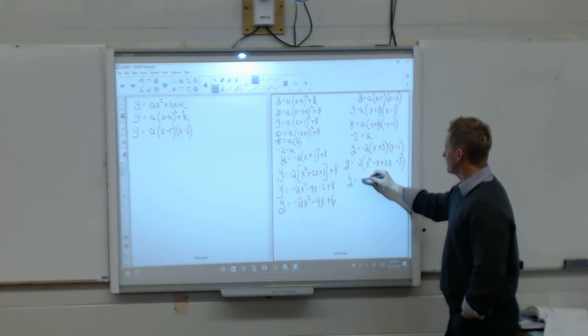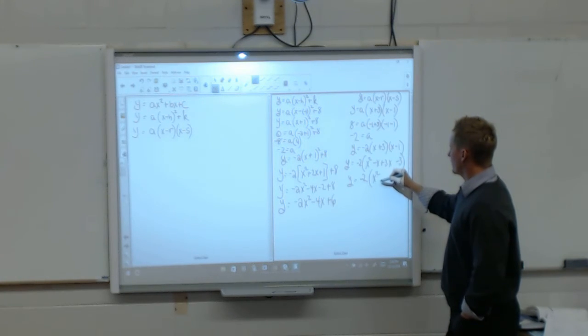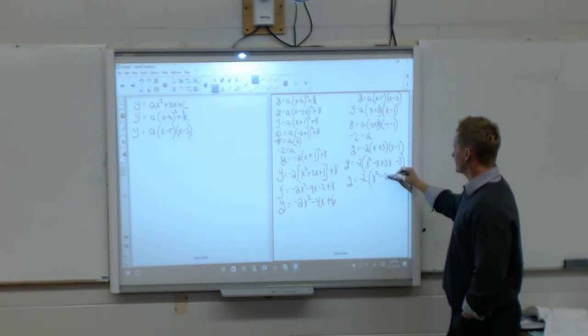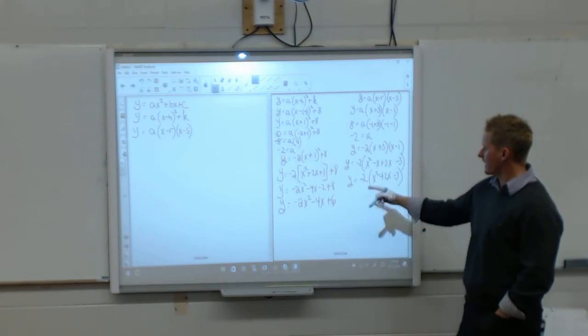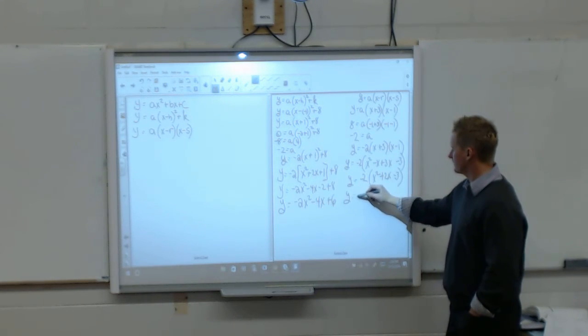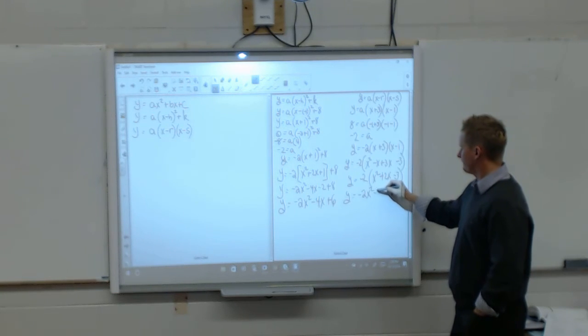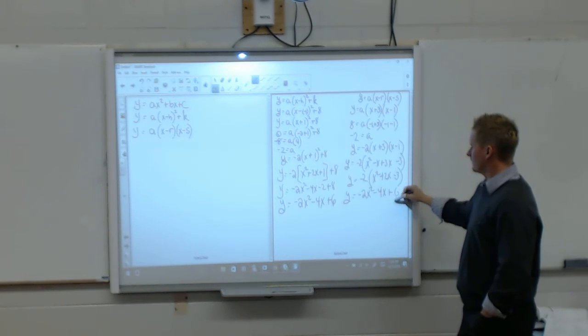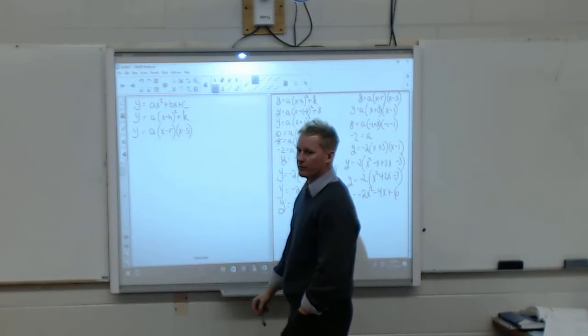I'm going to simplify this. x squared plus 2x minus 3, times my -2 through the brackets. Exact same answer in both cases.